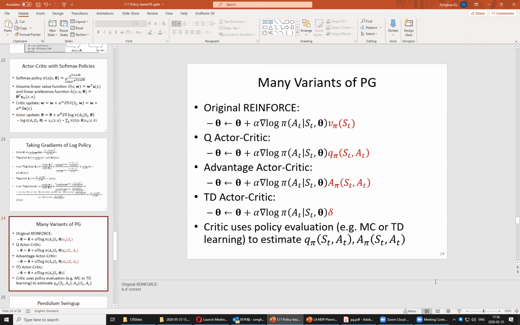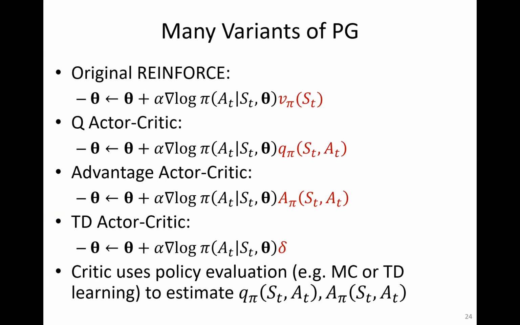Okay. So there are many variants of policy gradients. Mainly, the term on the right of the policy gradient could be Q pi, as we saw in the actor-critic.